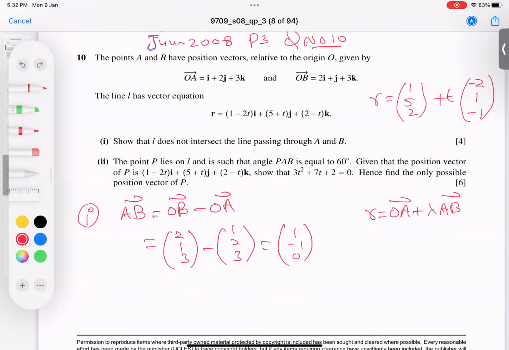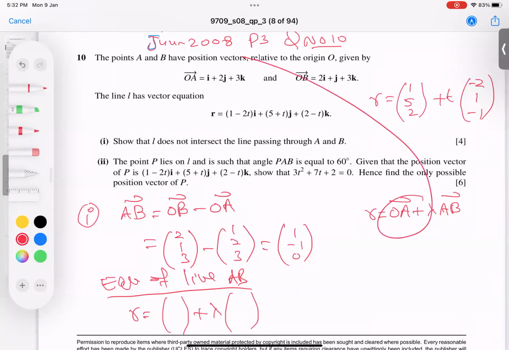So what is the equation of line AB? I got r equals OA plus lambda times AB. OA comes from here, 1, 2, 3, and AB comes from here, 1, -1, 0.